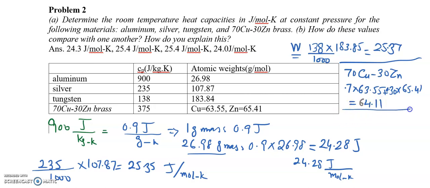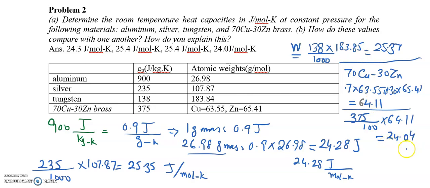Its specific heat will then be 375 divided by 1000 times 64.11, so it is 24.04 joule per mole Kelvin.